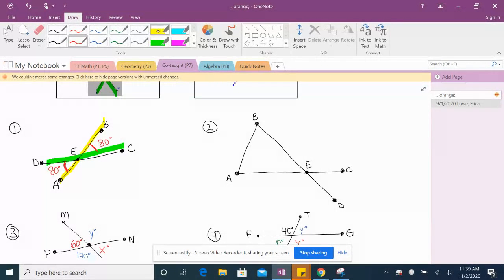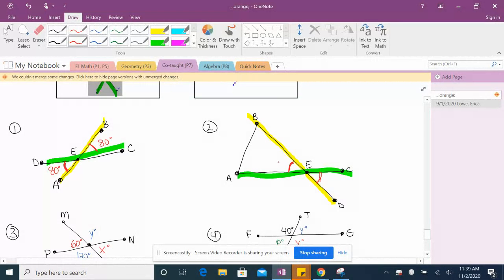Number 2. Where is the X? ¿Dónde está la X? We have a line here, tenemos una línea aquí, and another here, and yes, they form an X. Tenemos esta línea y ambos se forman una X. So this angle and this angle are congruent. Entonces, este ángulo y este ángulo son congruentes.